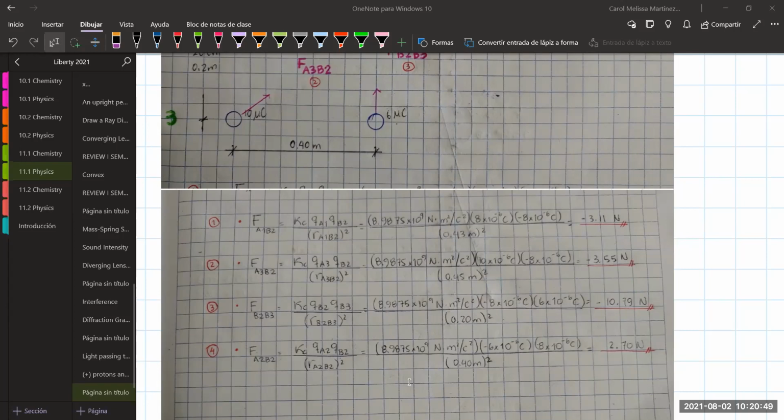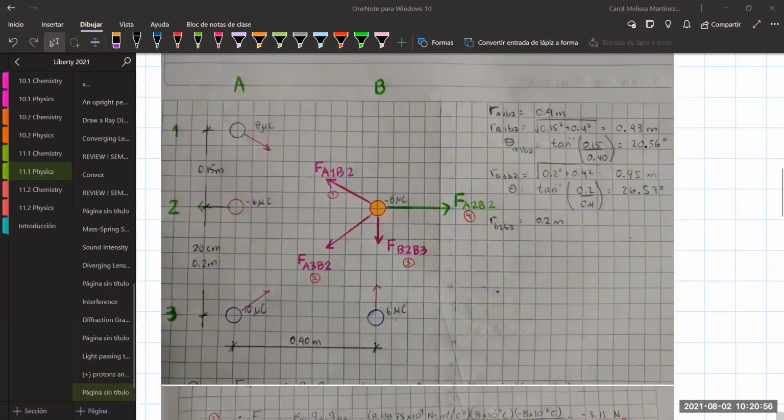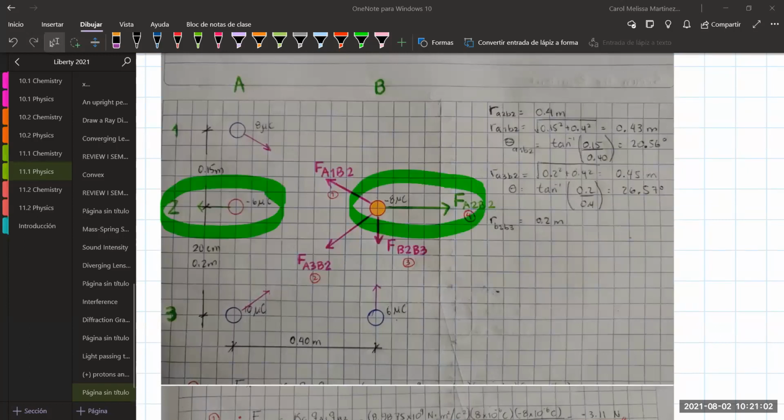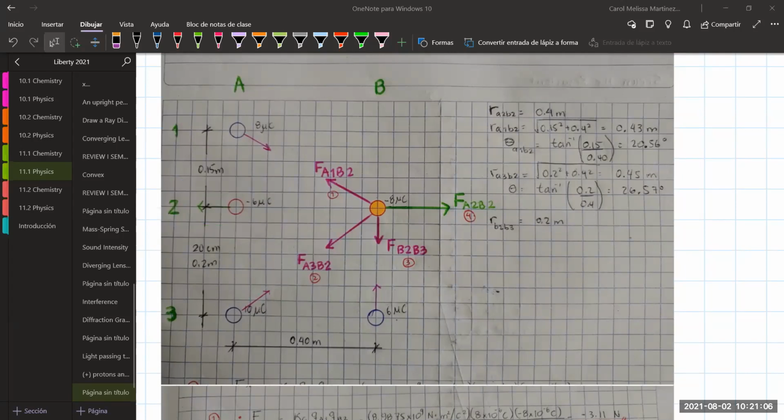My number 4 is the force between A2 and B2. A2 is this one, B2 is this one, okay? So the charges to consider for this part are -6 microcoulombs and -8 microcoulombs. The distance between those charges is this distance, which is actually 0.40 meters.